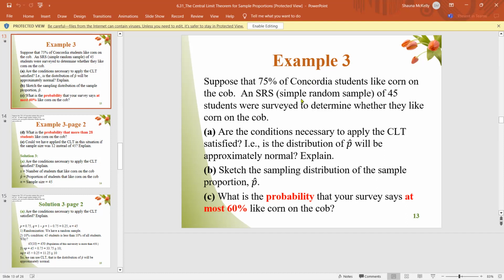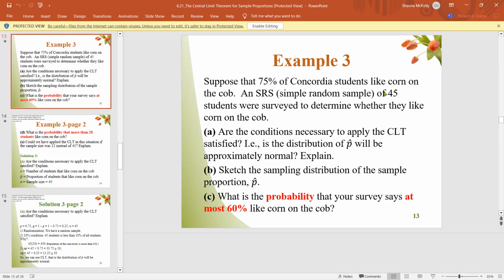So your population of all the students at Concordia is way more than 450. Your population is more than 10 times the sample. That's why I had you multiply this by 10. Even though you don't know the size of your population exactly, it's way more than 10 times the sample size.